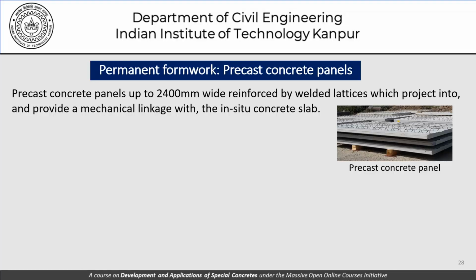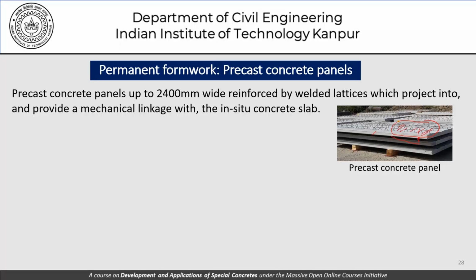So these precast concrete panels up to 2.4 meters wide, reinforced with welded lattices which project into and provide a mechanical linkage with the in situ concrete slab. So what's being suggested here is that these slabs, which will have a certain length and a certain width, the thickness of course is something which you can see from here, and then these are the hooks which have been provided to provide some kind of an anchorage or prevent any slippage between this formwork and the slab.